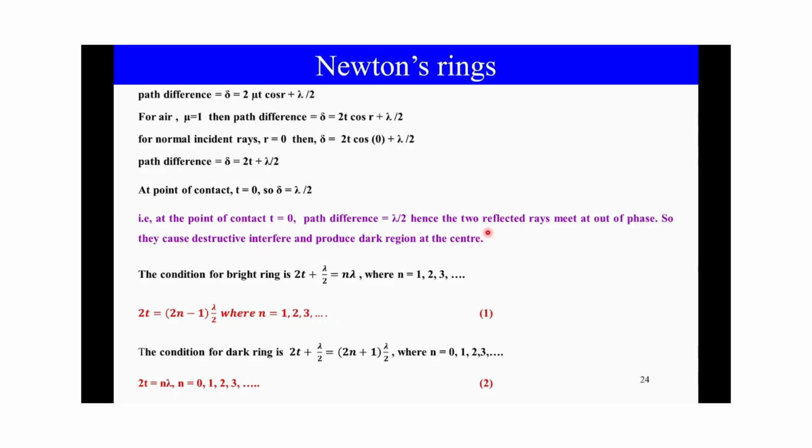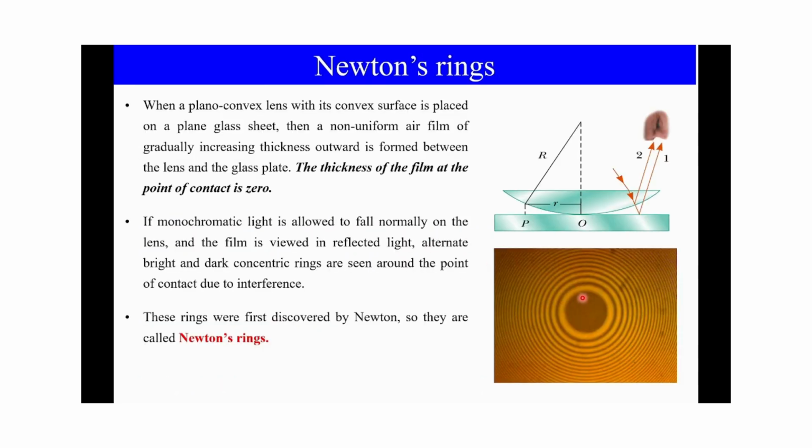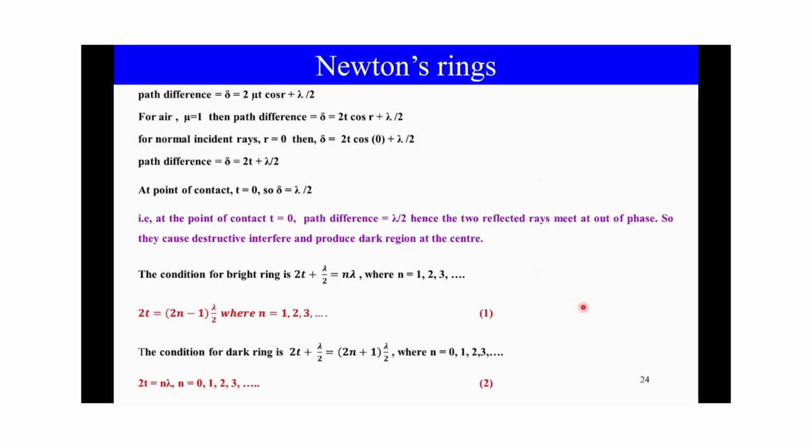That means at the point of contact, the two reflected light rays meet out of phase. Because of this reason, the two rays interfere destructively and produce a dark region at the center. Because of this reason, at the center of the Newton's rings, we will observe a dark region. This topic is important for the short answer question.